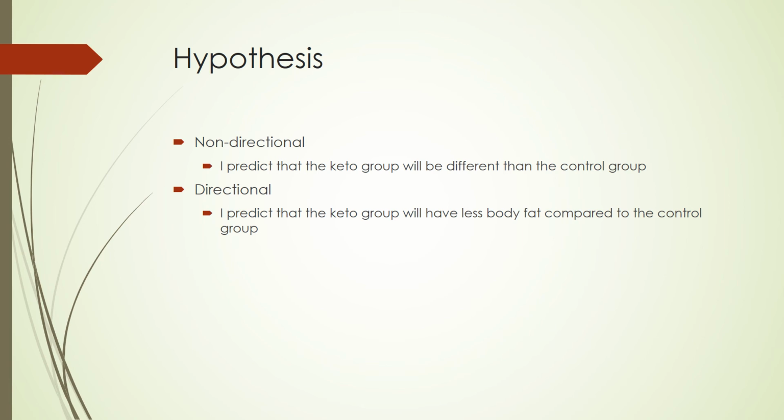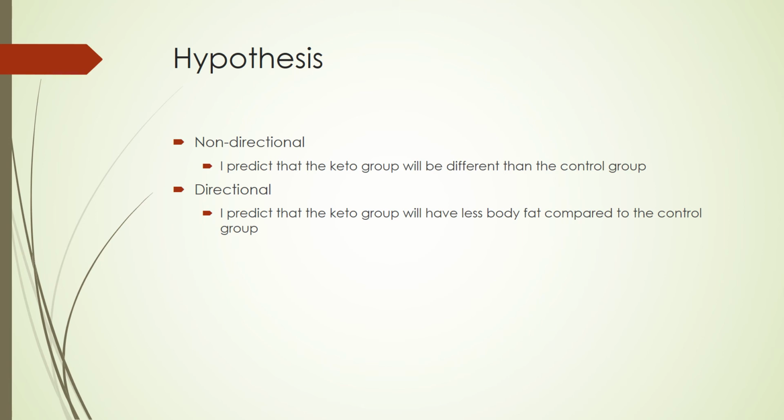And if we talk about statistics, how most statistics are done, they're different for a non-directional versus a directional hypothesis. A lot of the time, people who don't know how to do statistics very well almost always do the non-directional statistic rather than the directional one.